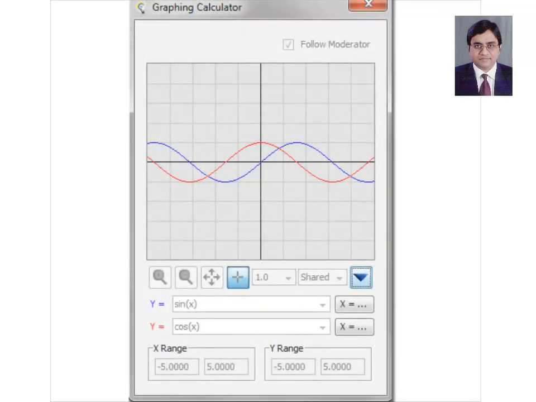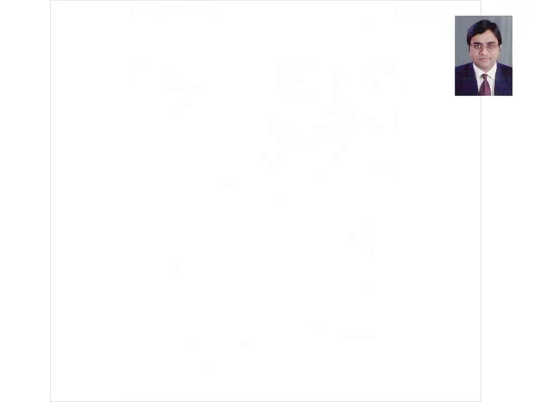They are similar functions. It is just about right-left shift. Just shift one little bit and you get the other one.